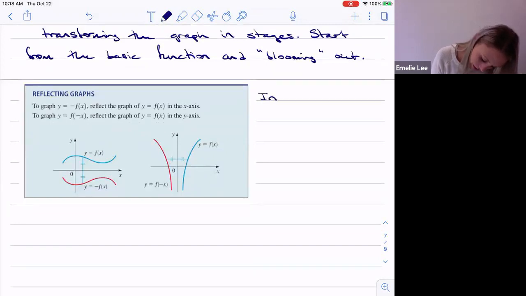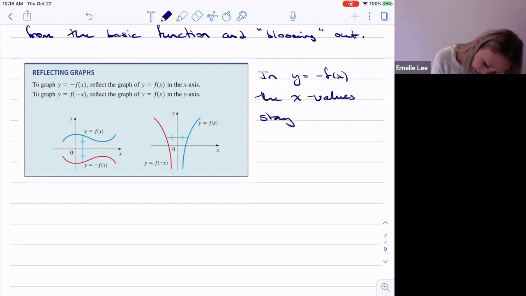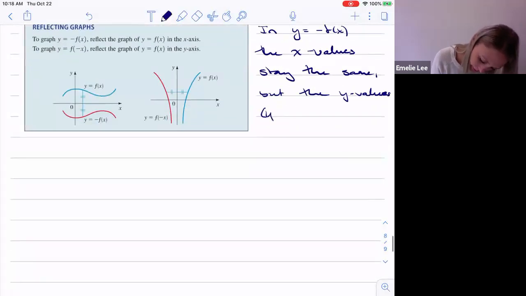So in y equals negative f of x, the x values stay the same, but the y values change. And remember, y equals f of x.